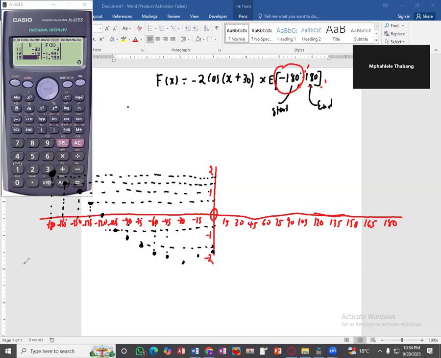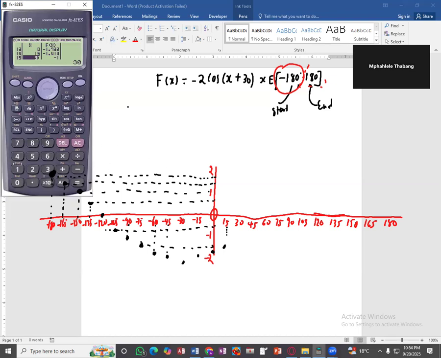So let's go to 15. It's 15 and minus 1.4. It might be here. And then we have got 30 and minus 1.